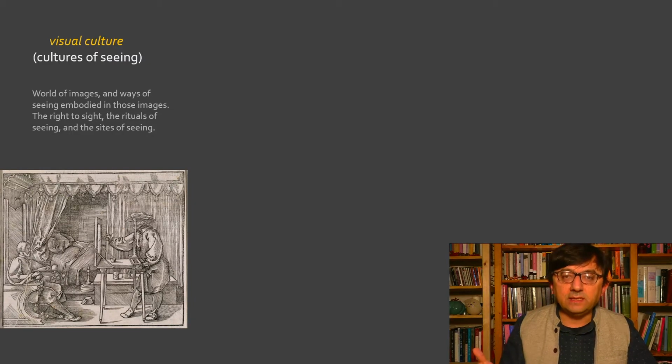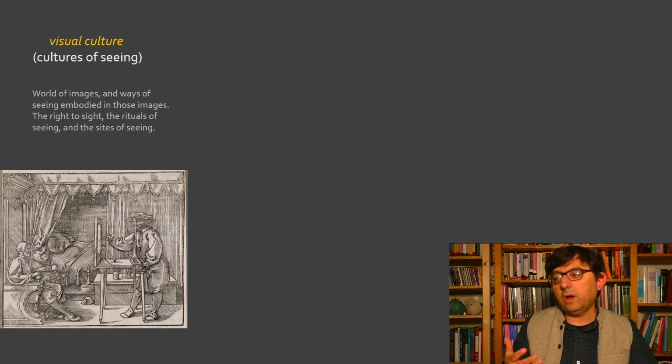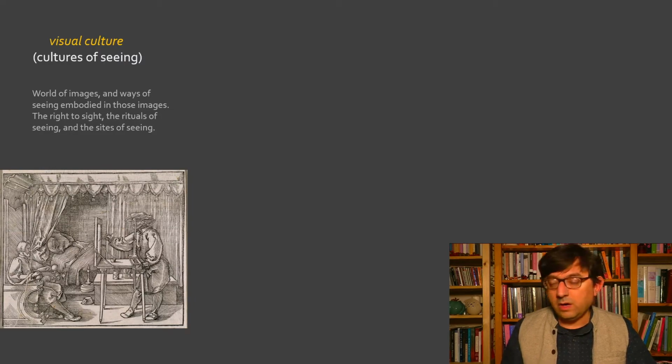The way that we see the world, we reflect that in the images that we produce. And so, as John Berger would argue, every image embodies a way of seeing in that sense.